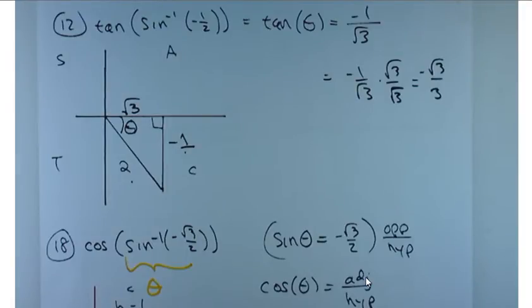Let me take a quick look at these. Let's try number 16. Okay. So we want the secant. Yeah, already people are blanching.